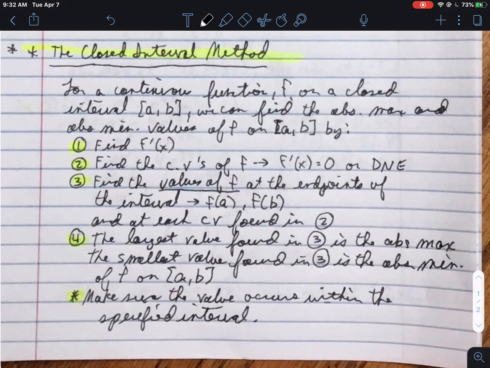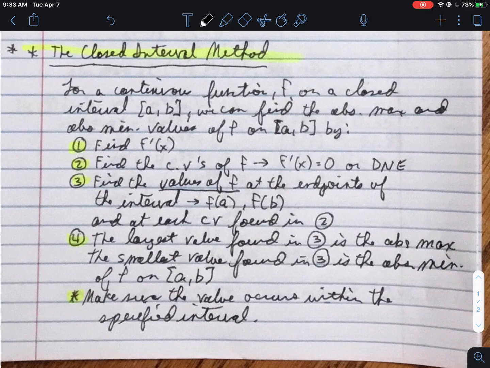Then step 3, we find the values of our function at the endpoints of the interval. So we'll find f of a and f of b, and we'll also find the function value at each of those critical values that we found in step 2. And then after that, it's simply a matter of comparison. We know that the max and min, when they occur in a closed interval, can only occur at either the endpoints of the interval or at one of the critical values.